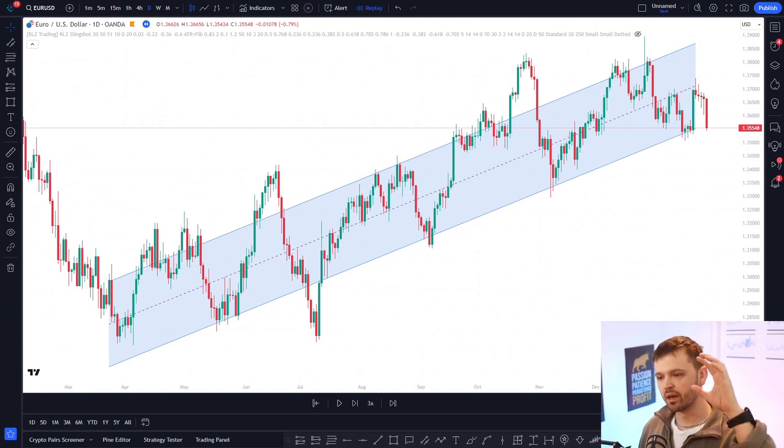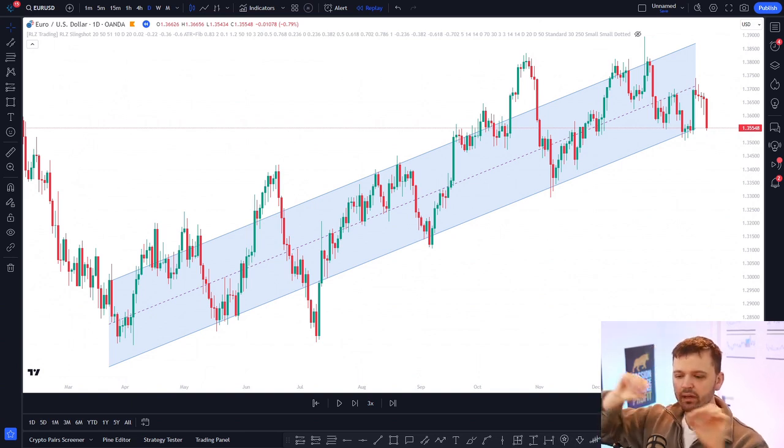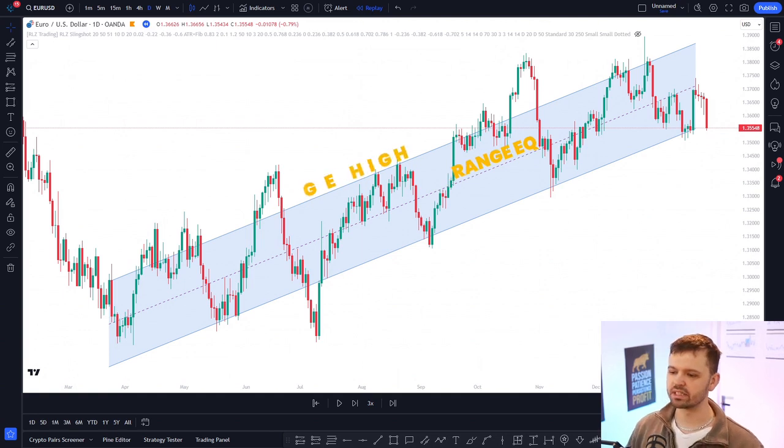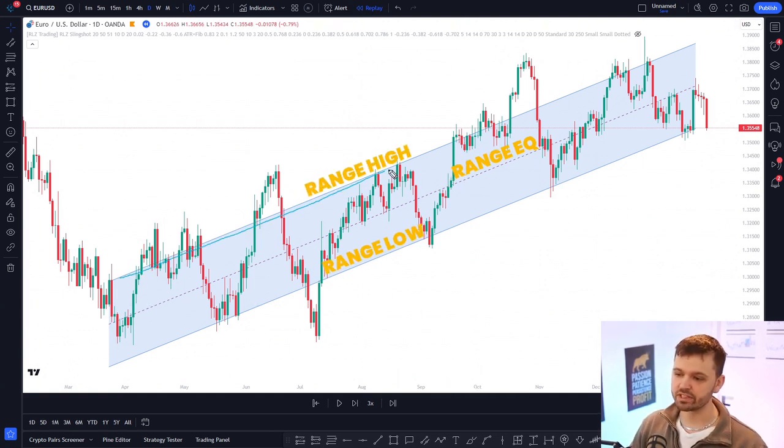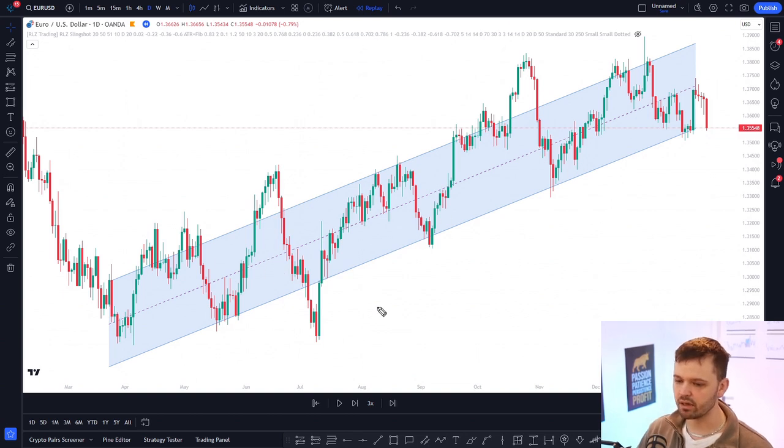You have an upper boundary, a lower boundary, and a middle zone, or an equilibrium zone, of this channel. As you can see here, you have resistance of the channel, support of the channel, the lower and the higher boundaries, as well as the middle zone. This is basically just the middle of the high and low.